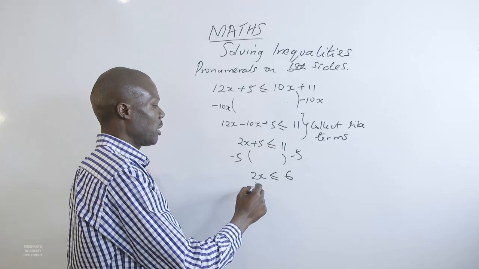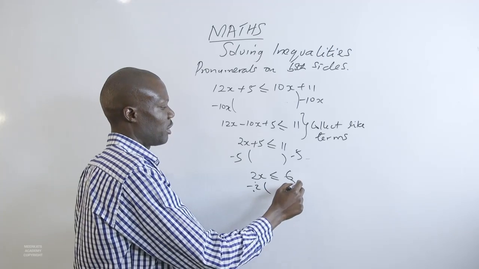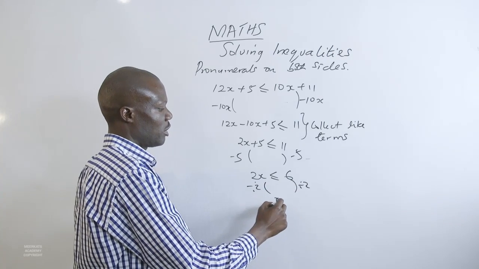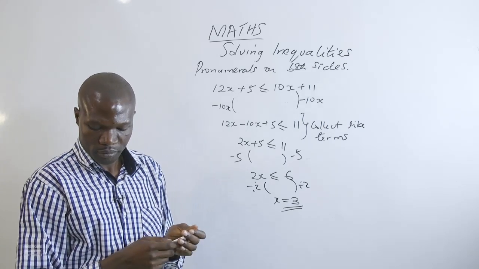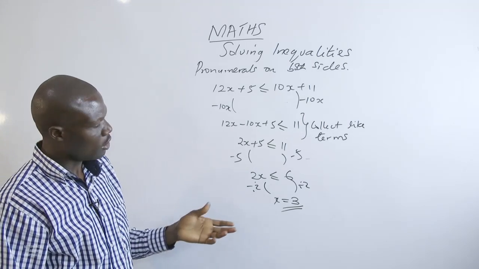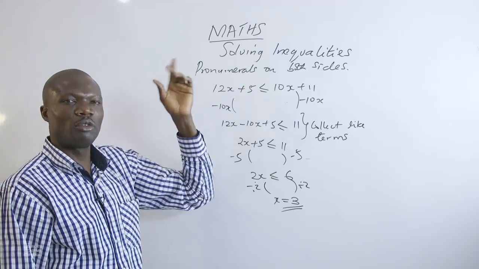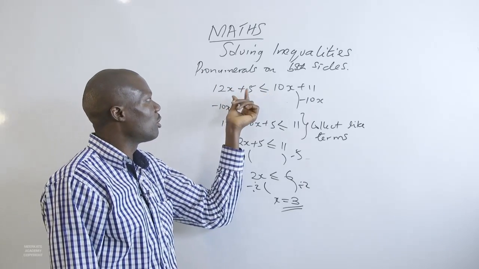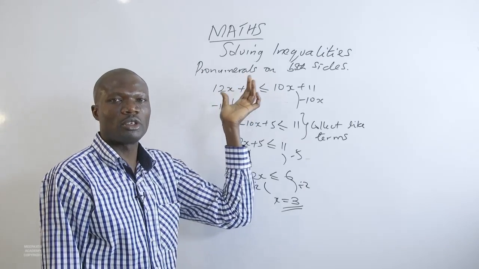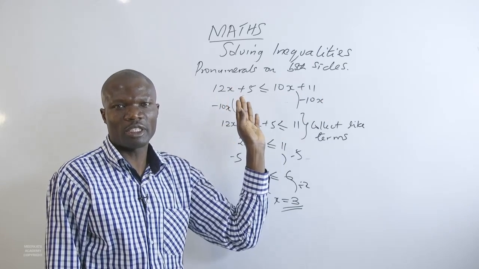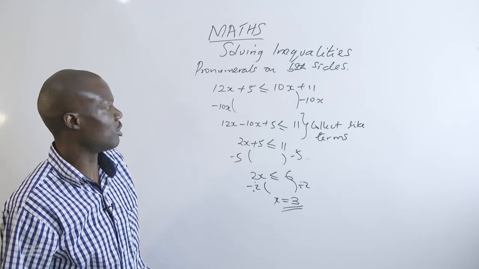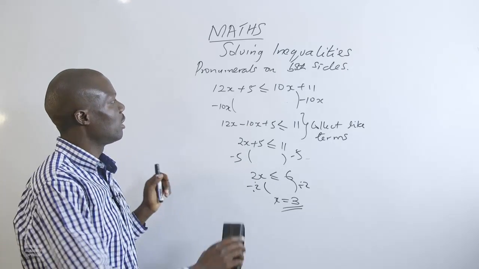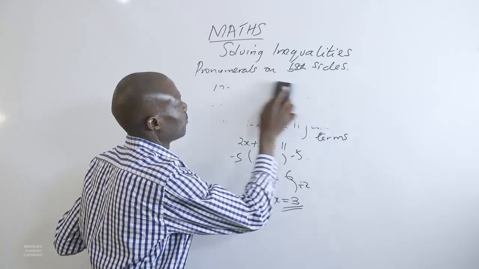Then we divide by 2, divide by 2, and you get x is less than or equal to 3. So we can solve inequalities with pronumerals on either side, that is, the left-hand side and right-hand side. Let us look at questions relating to this.